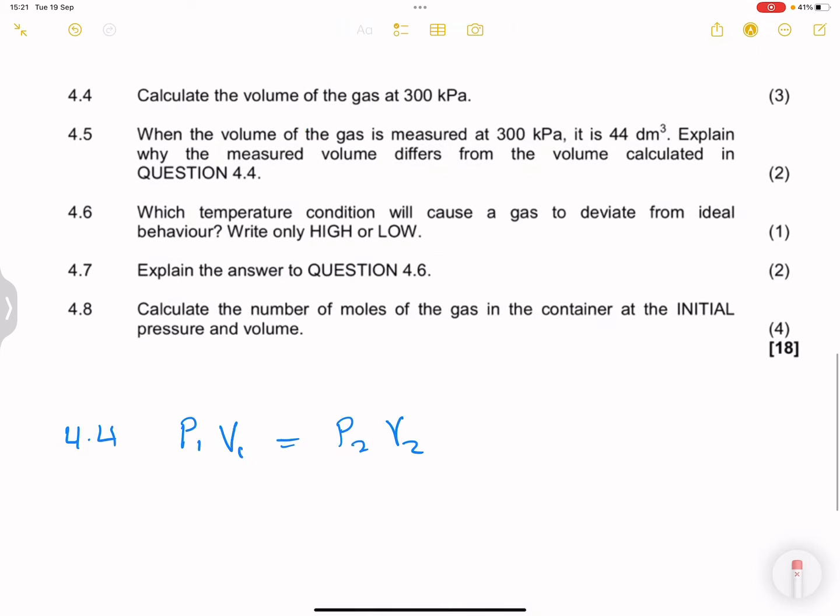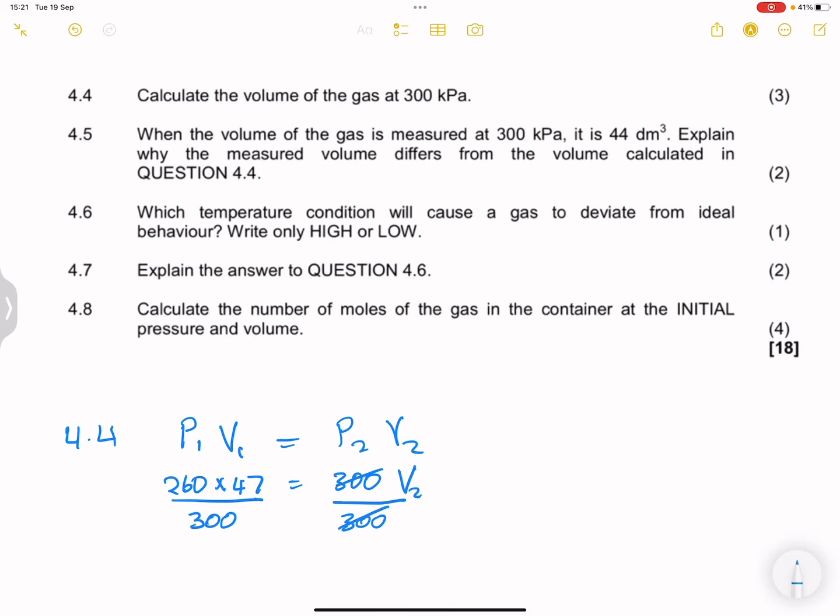So that's 260 and the volume was 47. But now I want the volume when the pressure is 300. What would be the new volume? And of course, all we're simply going to do is divide by 300.